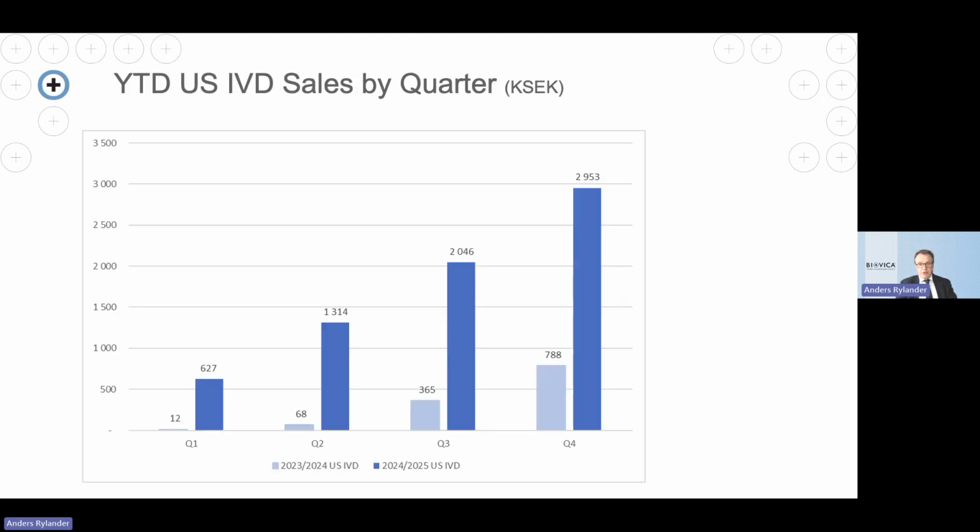If we dive into the US sales, we ended up at almost 3 million Swedish. That's about 275% growth in absolute numbers or Swedish kronor. If you look at constant foreign exchange rates, US dollars, it's a little bit more actually.